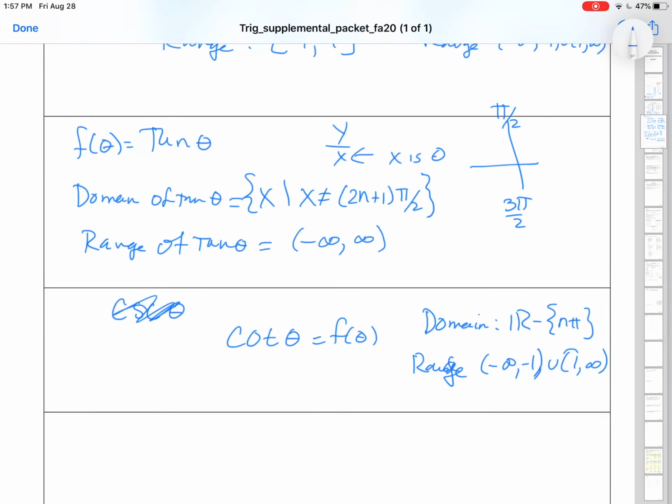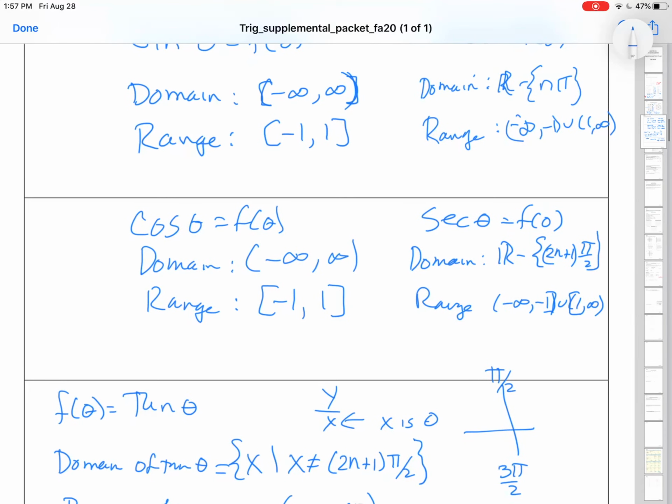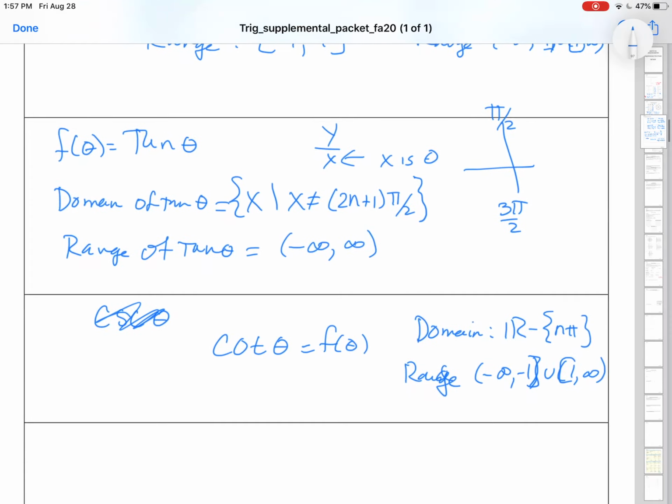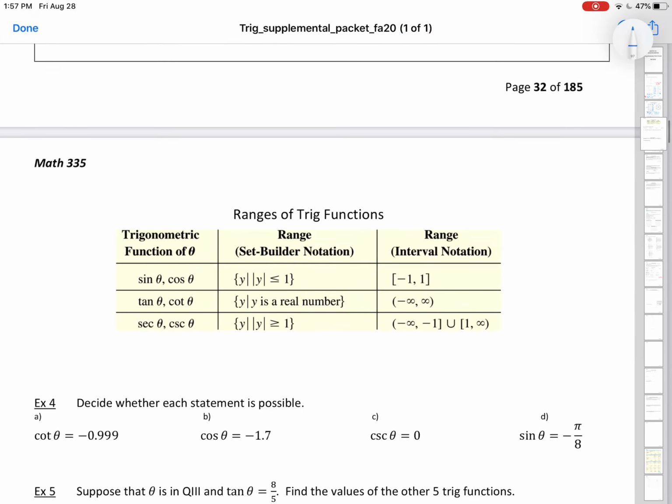And I apologize, those 1's are included. We can achieve that value of 1 like you've seen. So those should be included in there. And I wasn't including them, but they do come in touch right at that 1. So you'll see these in graph form as we go along. But here they are. Here are the ranges. They didn't really talk about the domains, but I just thought we could for a moment.